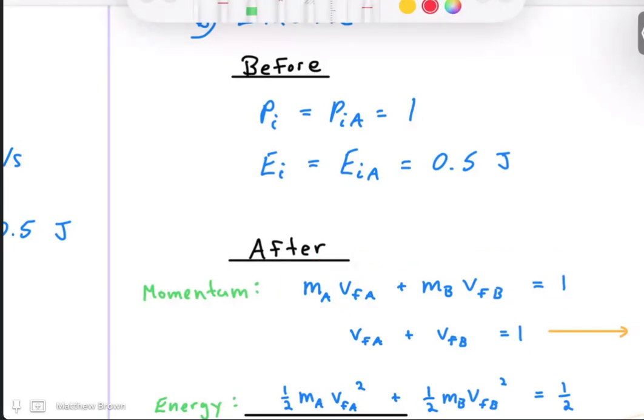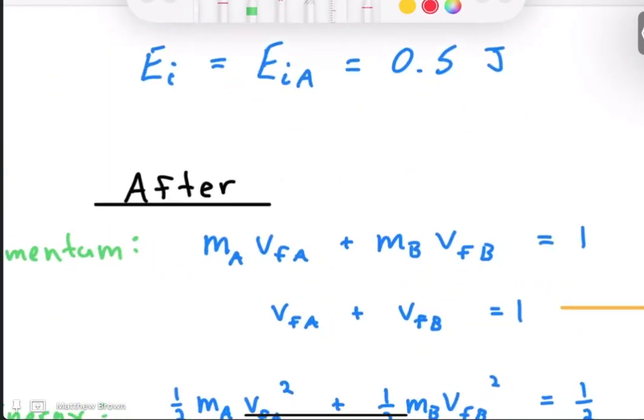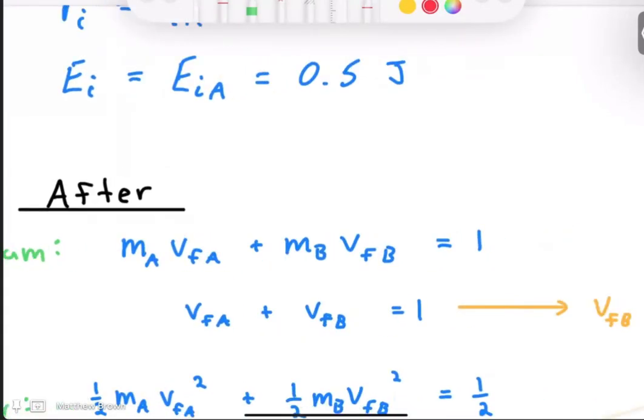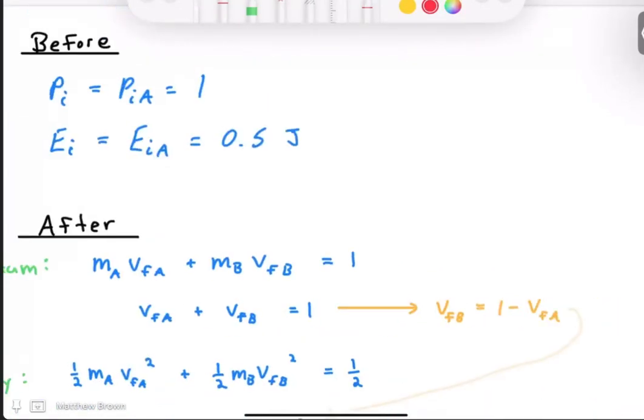Since these masses are both 1, putting 1 in front of V final A and V final B is unnecessary, so I just put in those numbers, and that reduces to this equation here. V final A plus V final B is 1, which I rearranged for V final B just because I know I'm going to need it later. You could arrange it for either one, it doesn't matter. And that's as far as you can go with momentum.